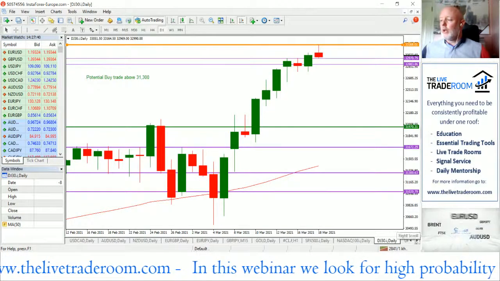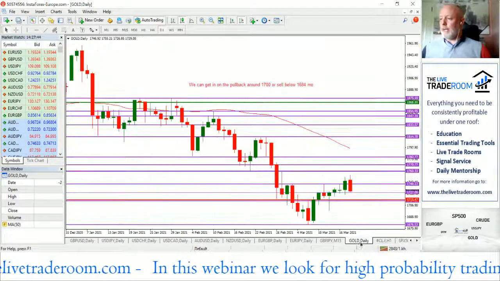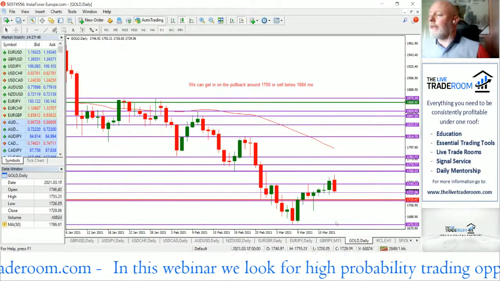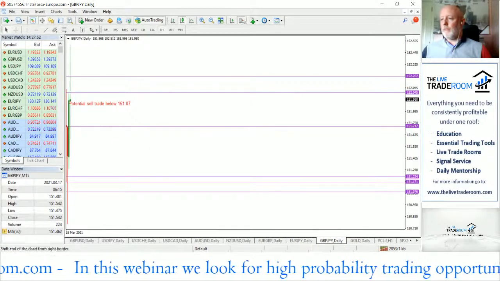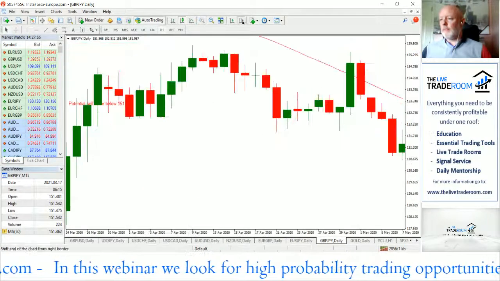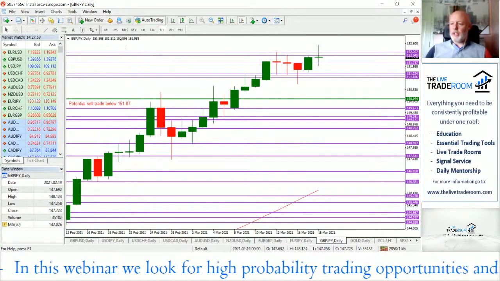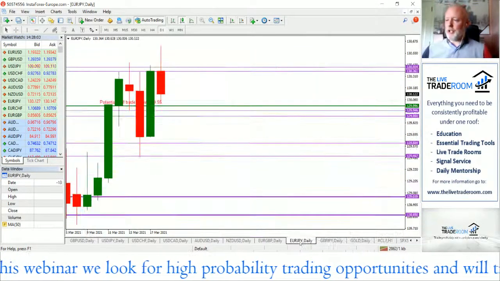So if there's money coming out of your equity markets, are they moving into gold? The answer so far is no, not really. Are we seeing the yen strengthen slightly? Yes, but it's very, very marginal.